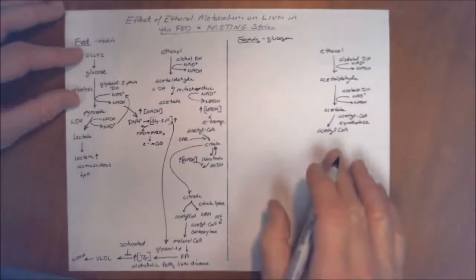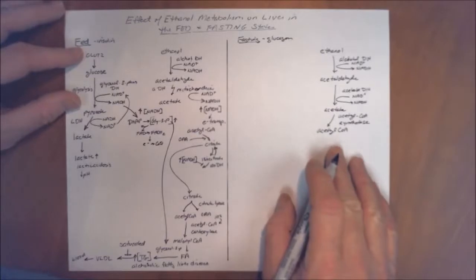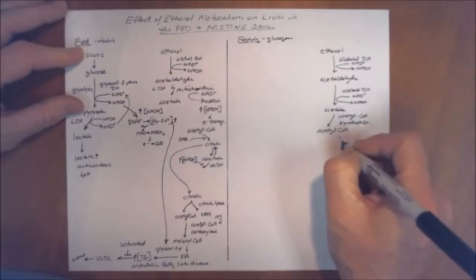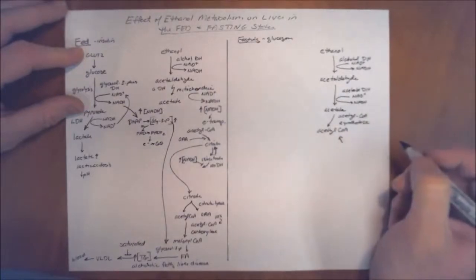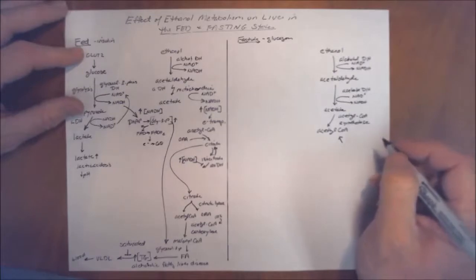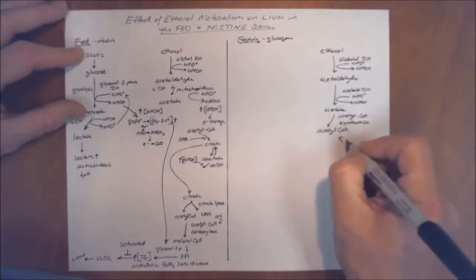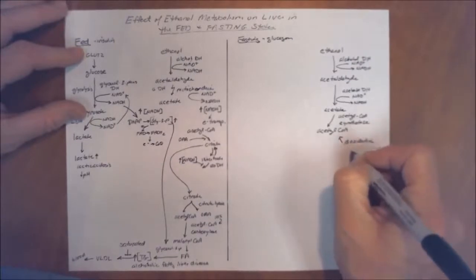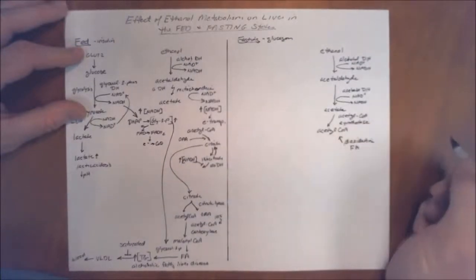Now, what is also happening in the fasting state in the liver is another pathway to increase the synthesis of acetyl-CoA. And this is beta oxidation of fatty acids.